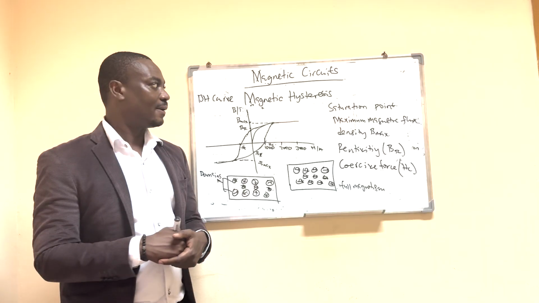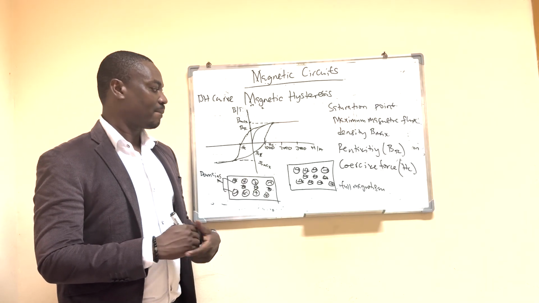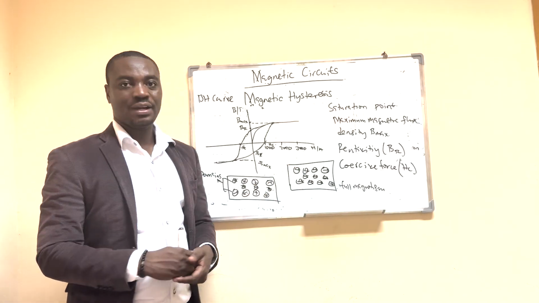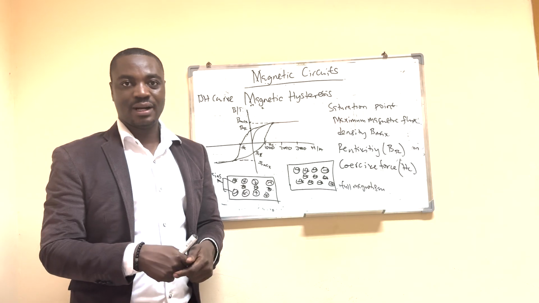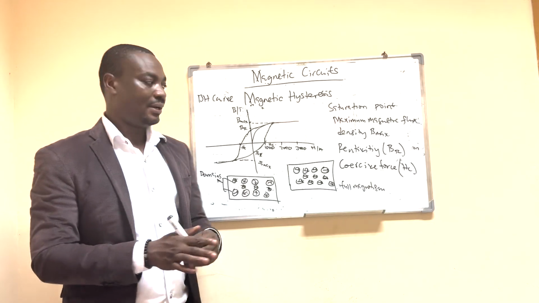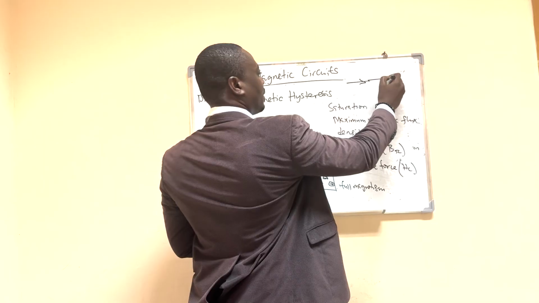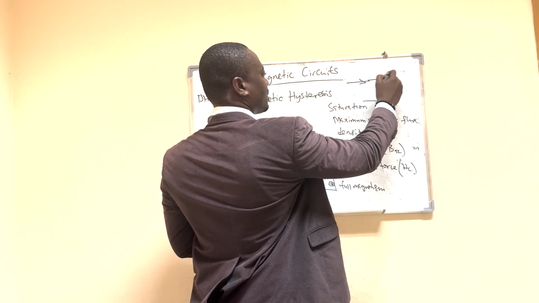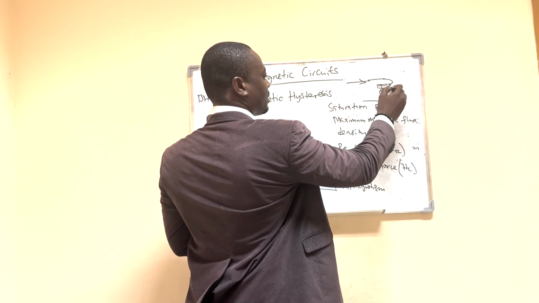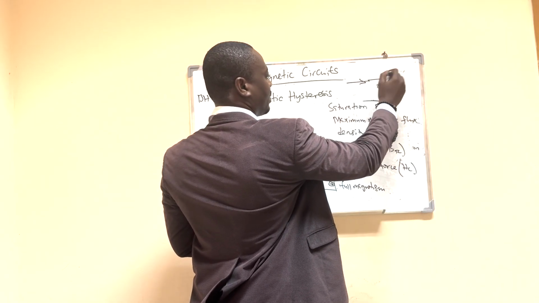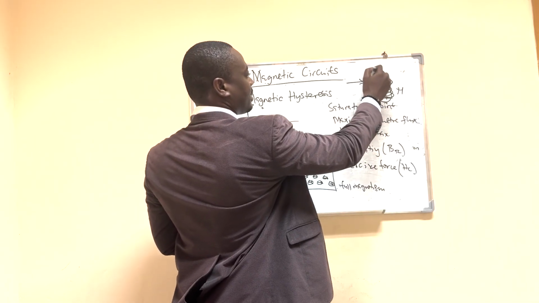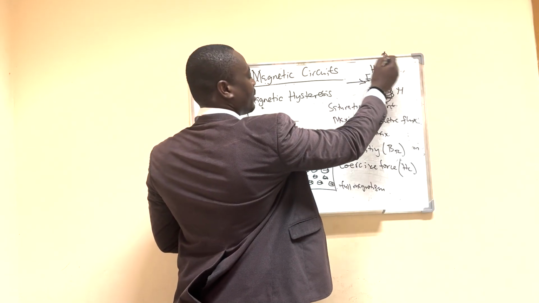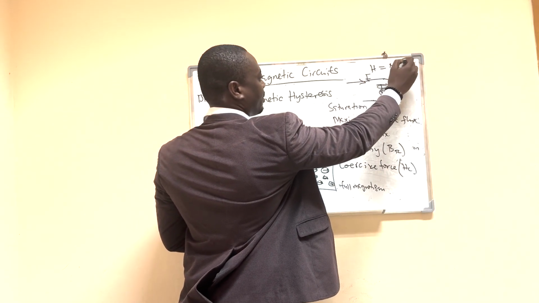So think about it this way. Imagine you have your material, let's say iron, and you coil wires around the piece of iron, so that you have a number N of turns, and then you have current I. The magnetic field strength equals NI over the length.